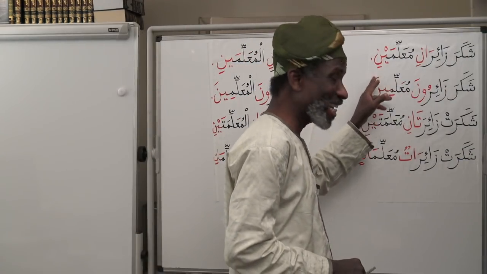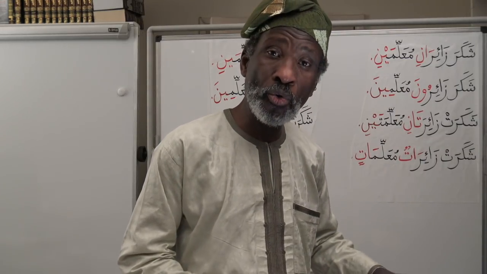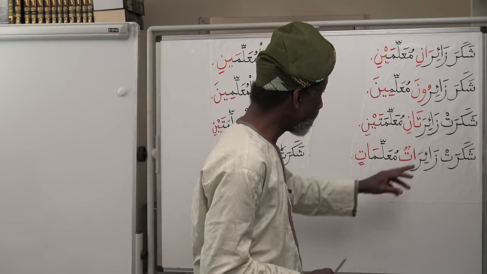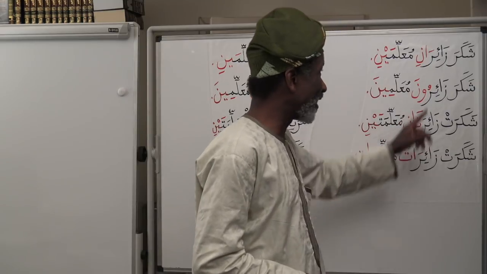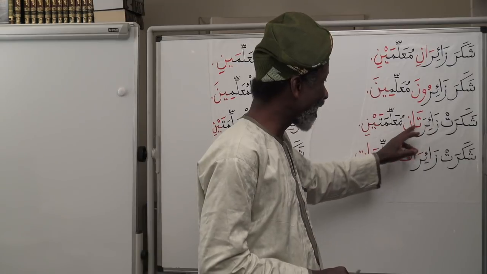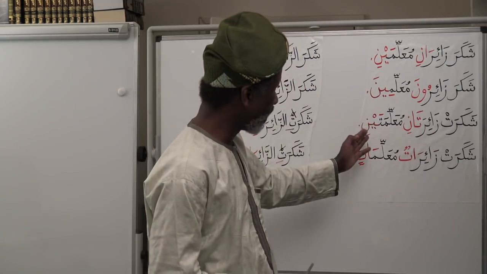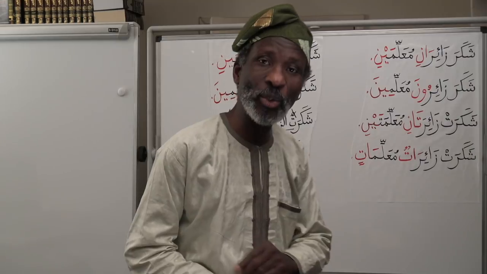Shakara zairani muallimaini. Two male visitors thanked two male teachers. The feminine equivalent, shakarat zairatani muallimataini. Again, this ani ending is the same as ani ending here. Equally, we have aini and aini to indicate this is the object of the verb. Hence, we have the accusative case ending.